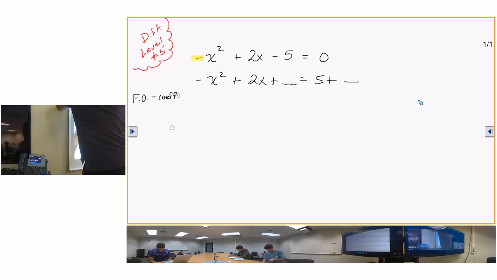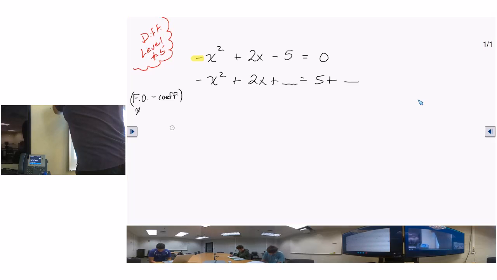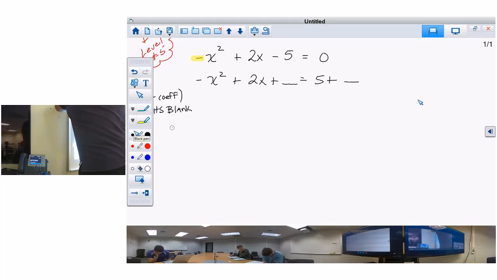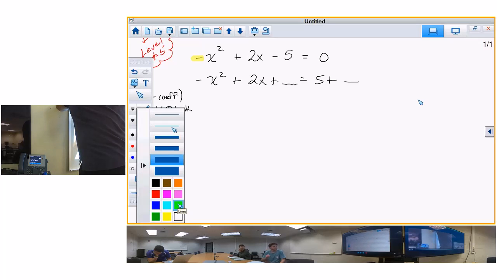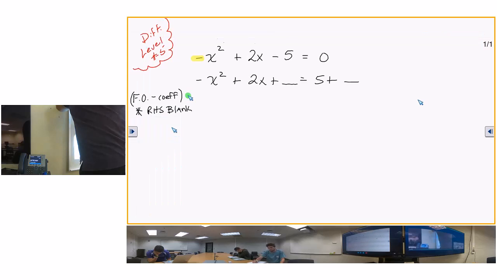You have to be careful here because whatever you factor out, you've got to multiply by the right-hand side blank. That's in layman's terms, not in sophisticated academic terms, so write it however you want to.